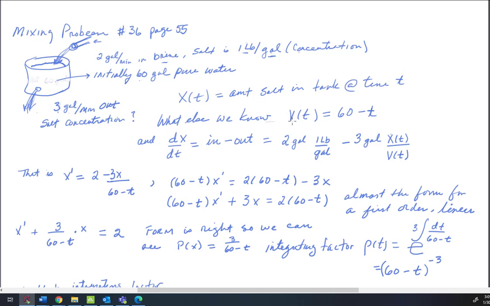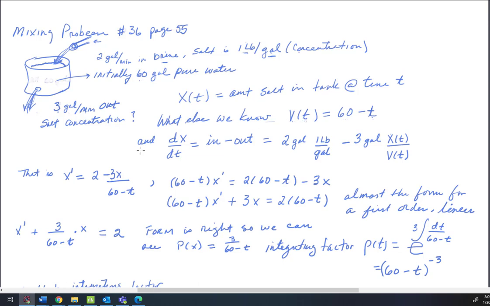Well, we know that the volume of liquid in the tank at time t, I'm going to call that V of t, is going to be equal to 60 minus t. 60 gallons, which was in there at time t equals 0, and each minute we lose a gallon. So 60 minus t would be the volume at time t.